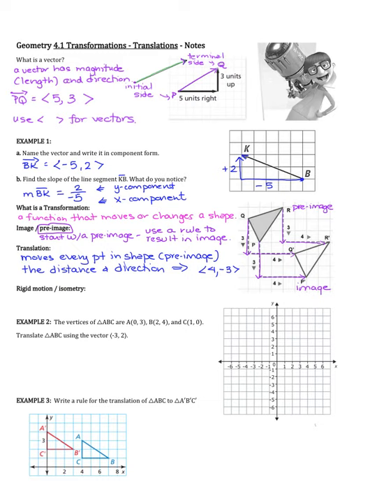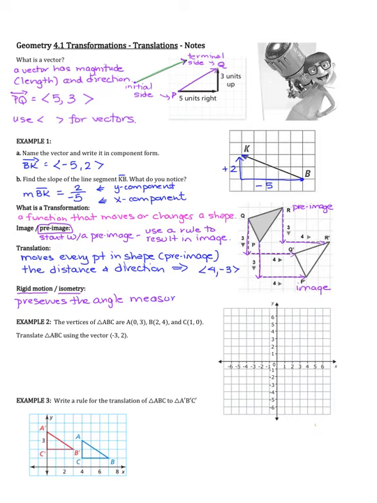So the rigid motion is what preserves the length and the angle measure of the pre-image when you transform it into a new image. So rigid, basically, or isometry, these both mean the same thing. It preserves the angle measures, so it doesn't stretch or change your shape.